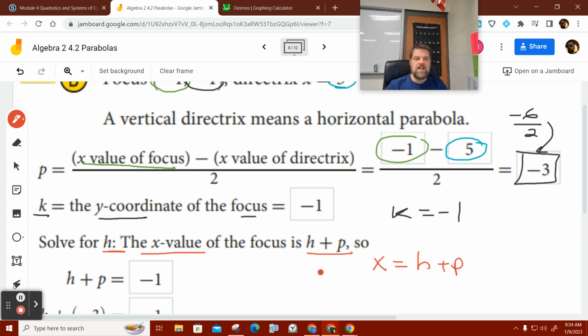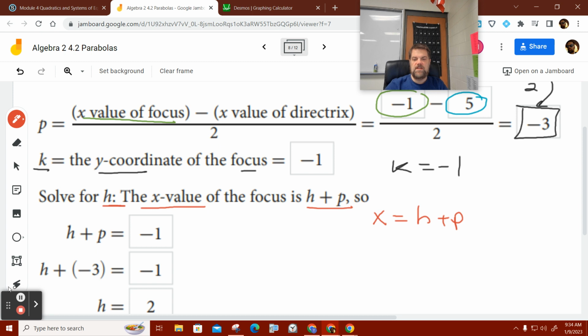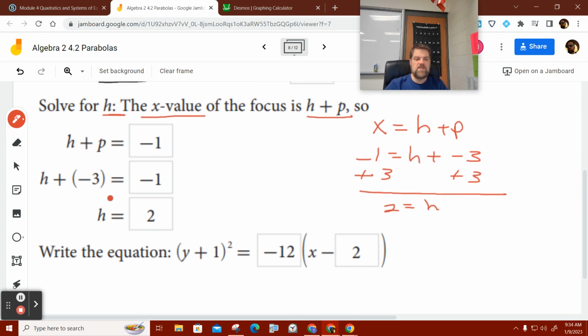I know what the x value of the focus is. The x value of the focus is -1. So I'm going to say -1 is equal to h plus, and I solved for p, and we said that p was equal to -3. So I'm going to add 3 to both sides, right? And I get h is equal to 2. H is equal to 2.